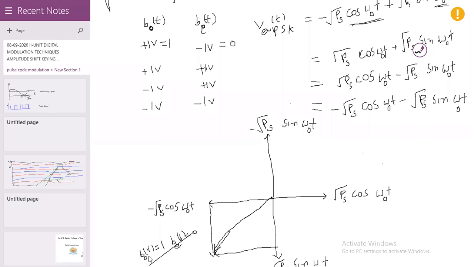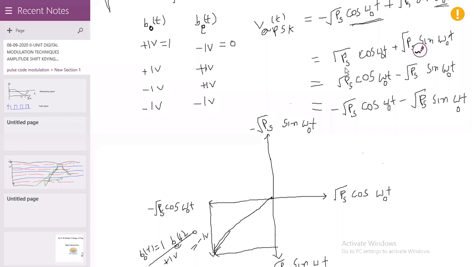Write the voltage values below. So this is a -1 volt. Here this is a +1 volt for this case. So this is the phasor diagram, a graphical representation of the first equation.